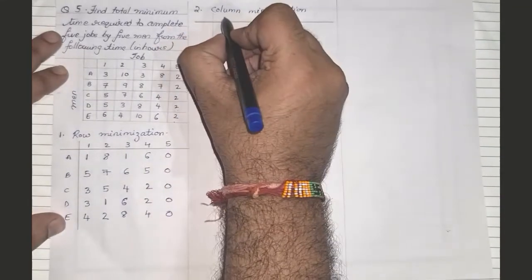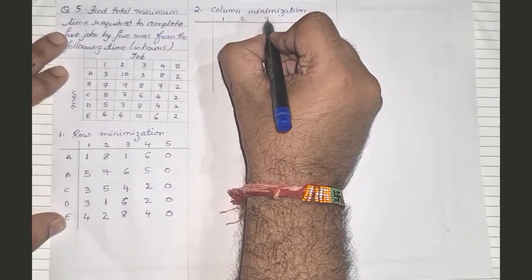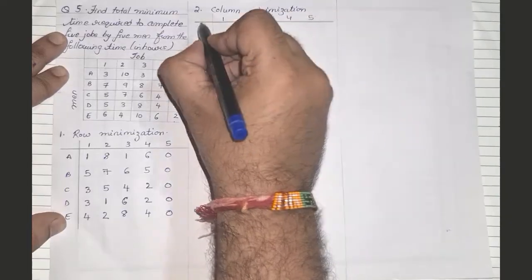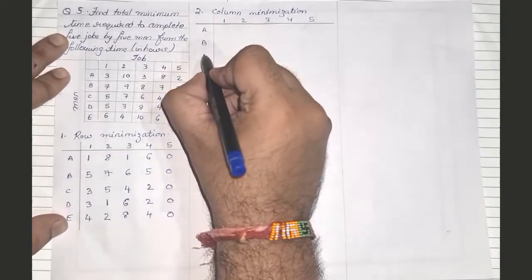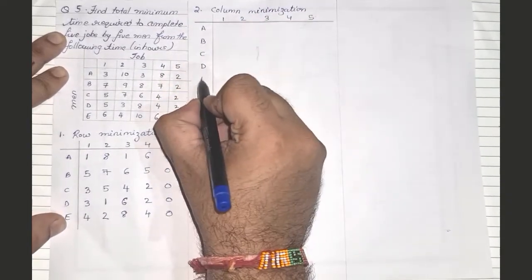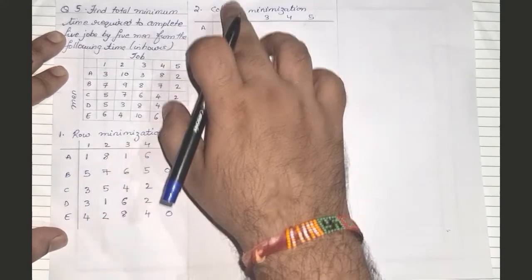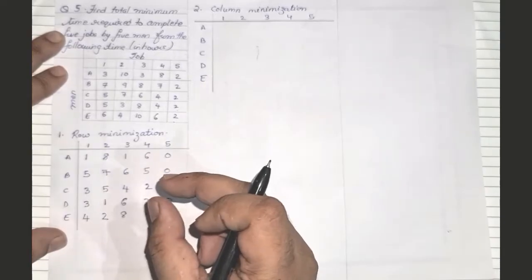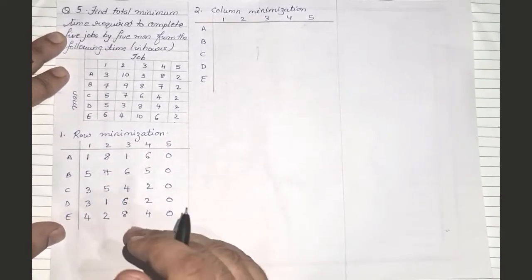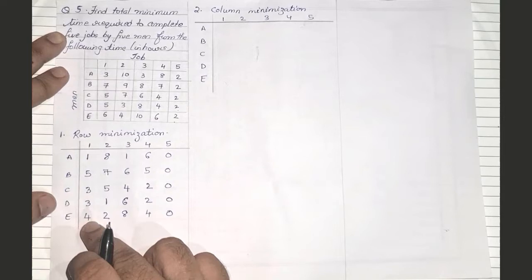In jobs we have 1, 2, 3, 4 and 5, and for men we have A, B, C, D and E. Now column-wise, from the row minimization, from each column get the lowest value. That lowest value will get subtracted from all other values in the corresponding column.